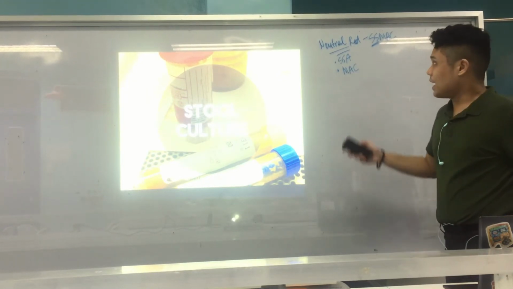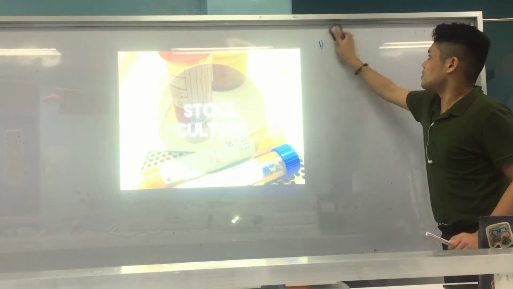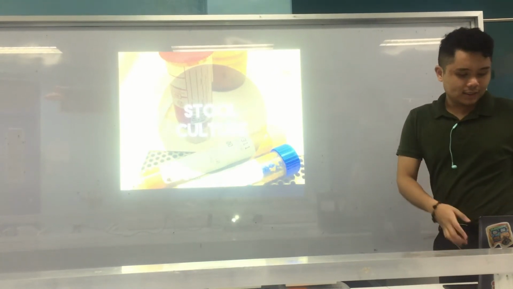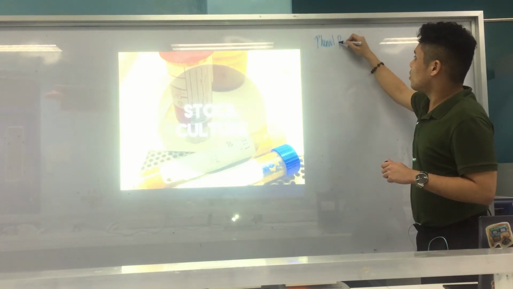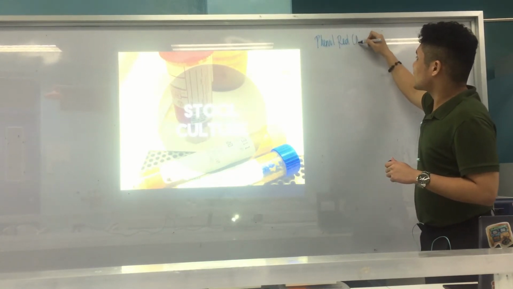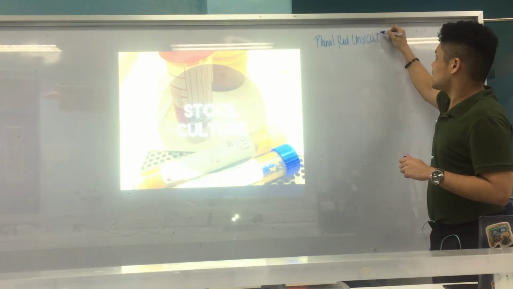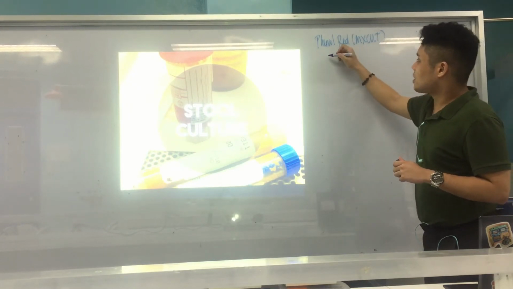Another one is phenol red. The culture media with phenol red as the pH indicator have the mnemonic MXCUT.